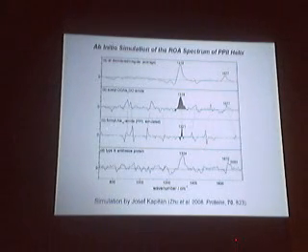But then we've recently done an ab initio simulation. We're starting to extend ab initio simulations to extended uniform polymer conformation. So this was a 10 residue alanine peptide held in the model PP2 conformation. And this is a simulation of the ROA spectrum, and it's pretty good for this sort of thing.